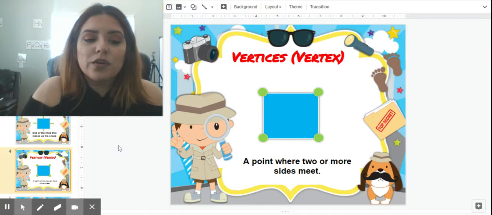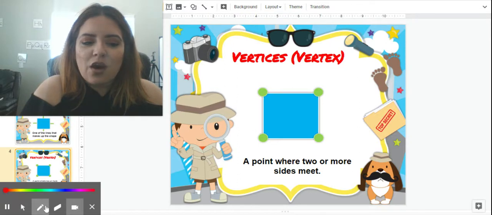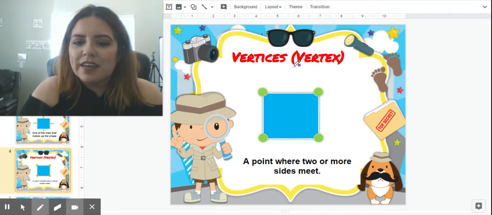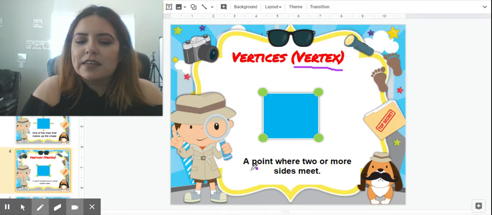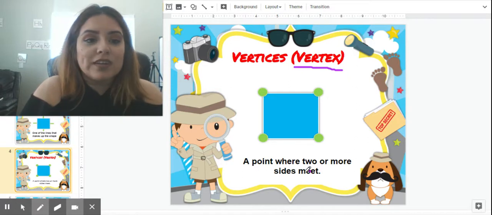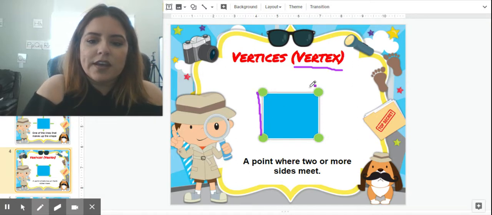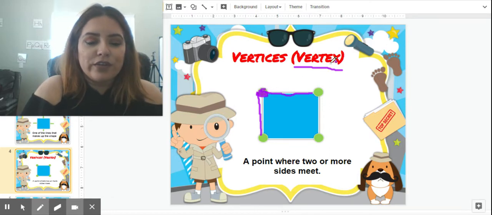Okay, and another word that describes shapes is vertices. What is a vertex? So a vertex is a point where 2 or more sides meet. So remember we said sides are straight lines. So here we have 1 side, 2 sides. The point where they meet is called a vertex.